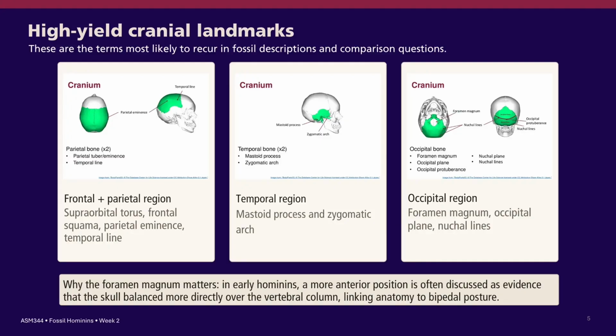The foramen magnum is especially important because its position and angulation are often discussed in relation to head posture and bipedalism. In broad terms, a more anteriorly placed foramen magnum suggests that the skull balances more directly over the vertebral column, which is relevant when evaluating early hominin material.